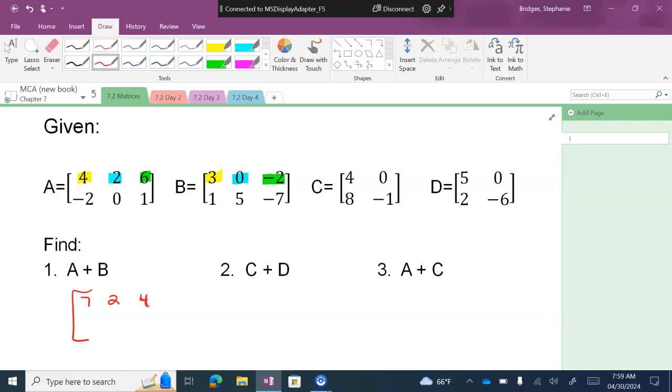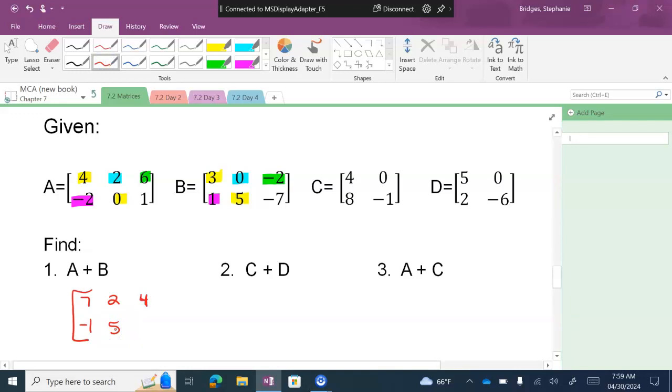So if I add -2 and +1, what does that give me? -1. All right, then I'm going to add 0 and 5, which is going to give me 5.